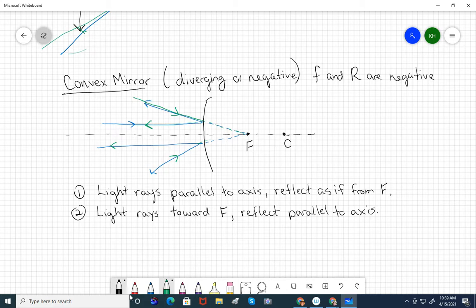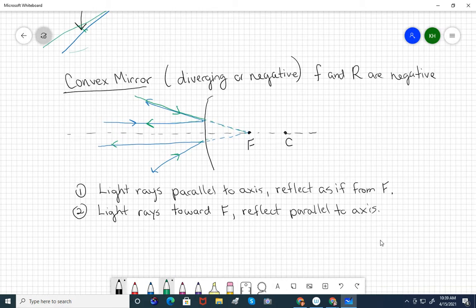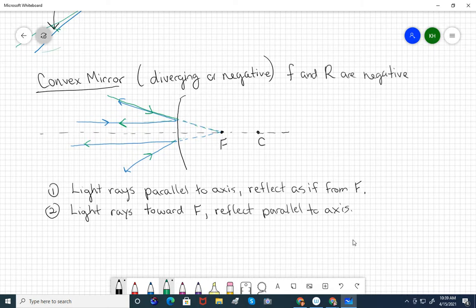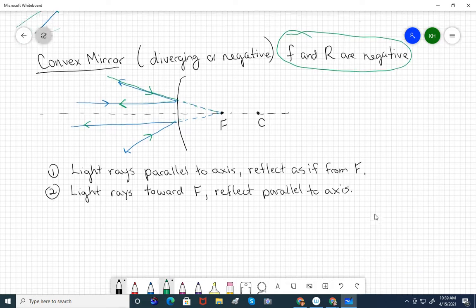The equations are exactly the same. We don't have any new equations. The only thing that's different that we really have to pay attention to is that for a convex mirror, these are going to be negative. That's going to change things just a little bit.